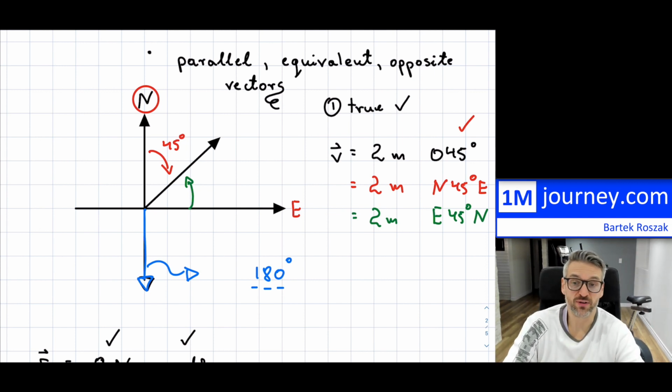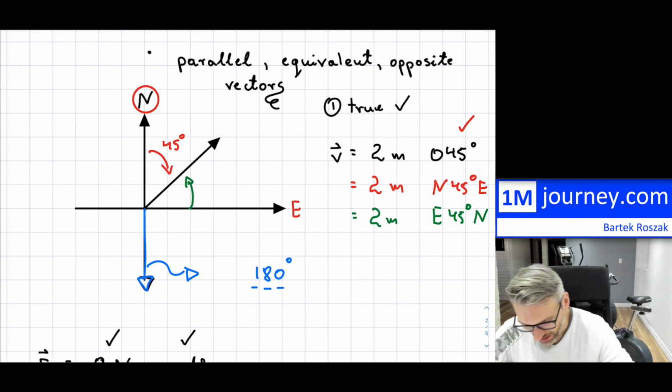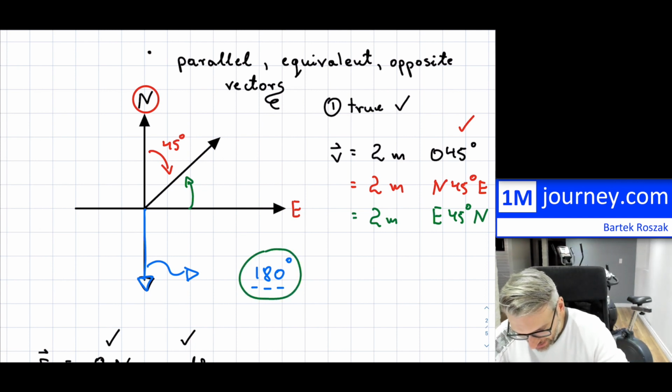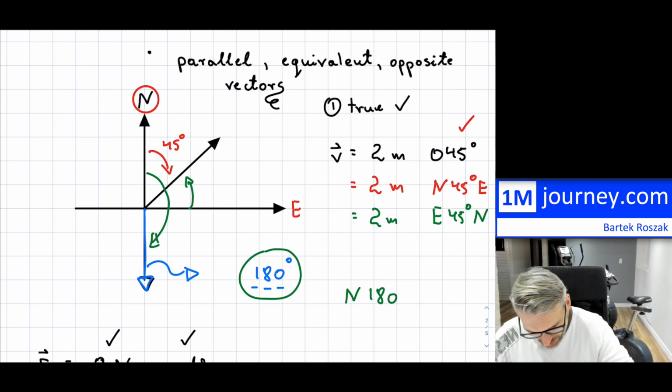Those two are equivalent. So you're just saying where you're starting, and then you're going in that direction. Same thing for this 180. Well, if you were going in this direction, you could represent this as starting from north, you moved 180 degrees, and you went towards the east side, right? So that is one particular way of representing that direction.